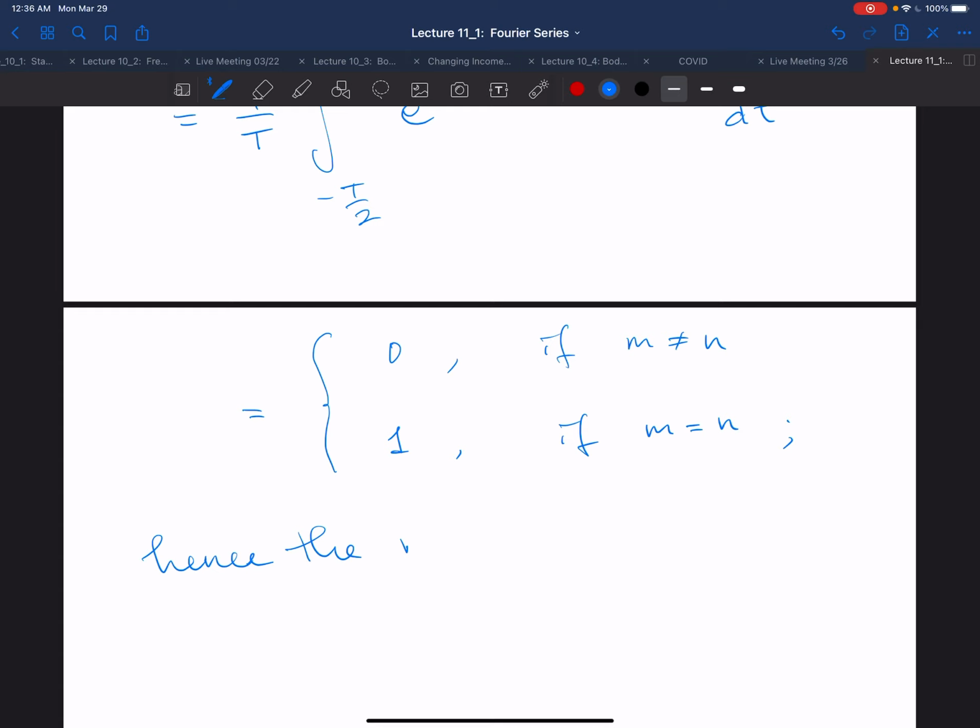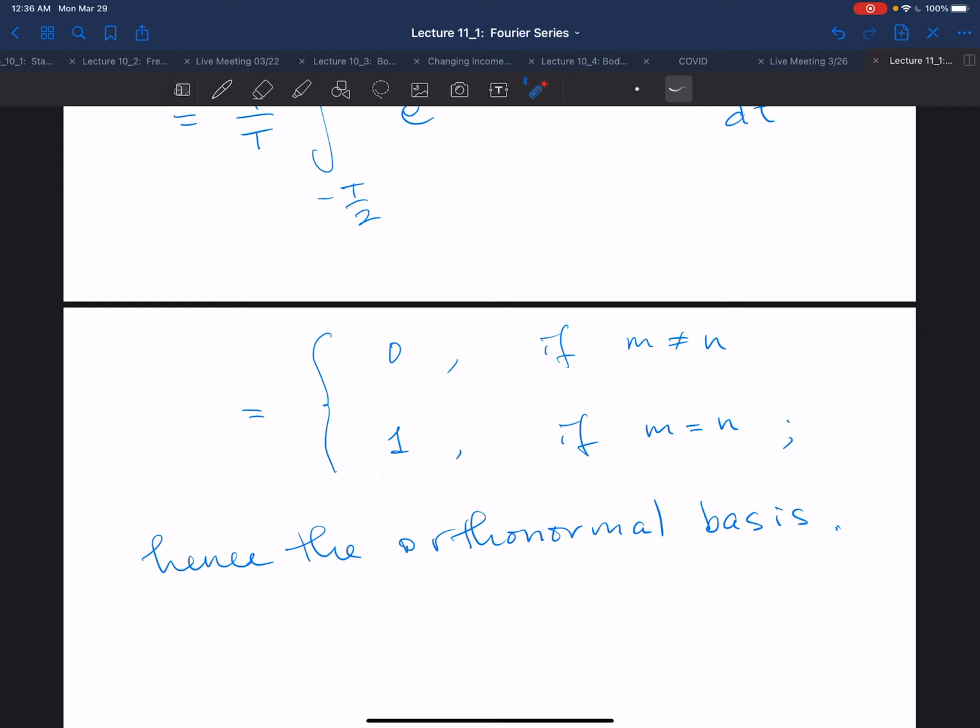So this is why these exponentials form an orthonormal basis for the subspace that they span. If we take two different complex exponentials, their inner product is 0, so they're orthogonal. If we take the inner product of a complex exponential with itself, we get 1, hence it's orthonormal.